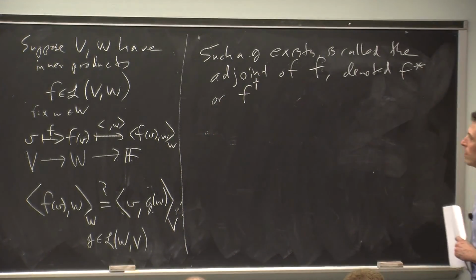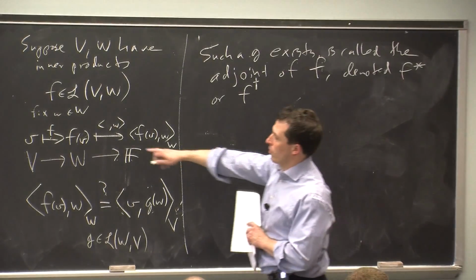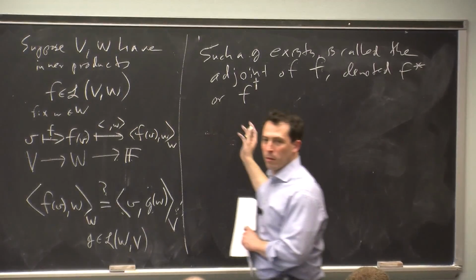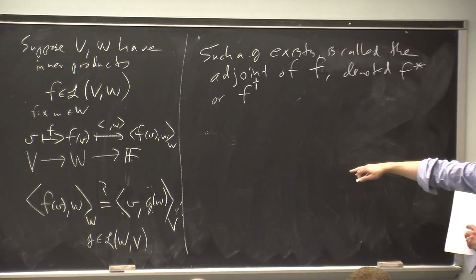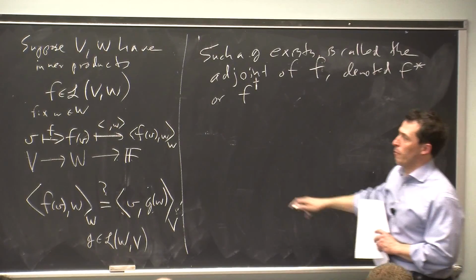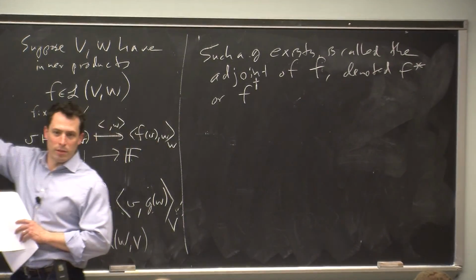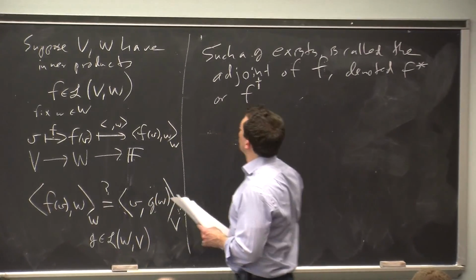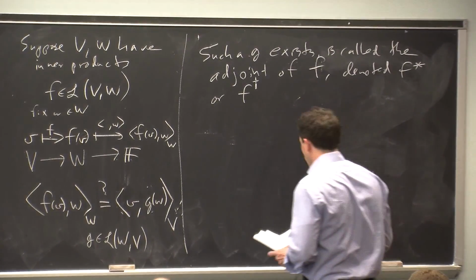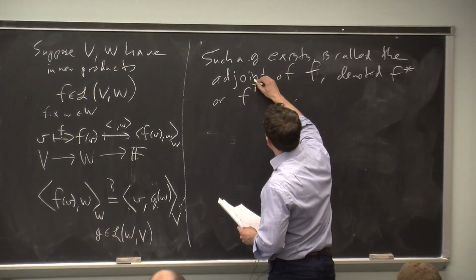So somewhat confusingly, some people use star for this map and dagger for the other. In this book, in this class, we'll use star for the adjoint, and we will mostly not concern ourselves with the transpose. This is supposed to be a dagger.